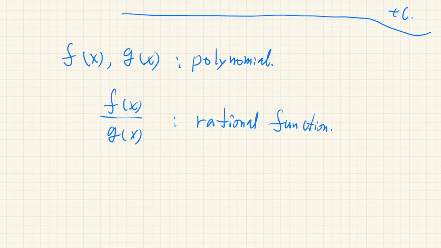As it turns out, if we integrate this function, if we can ever integrate it, the result may not be a rational function. Sometimes it involves logarithms, sometimes inverse trigonometric functions. Of course it can be a polynomial or rational function, but it's not necessarily a rational function.